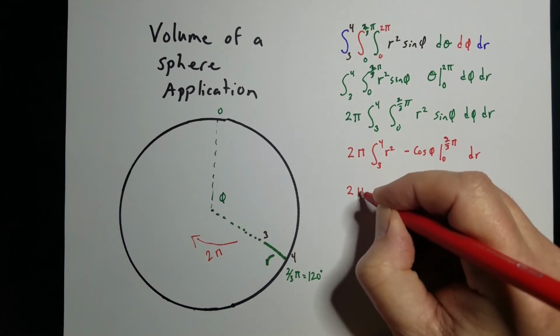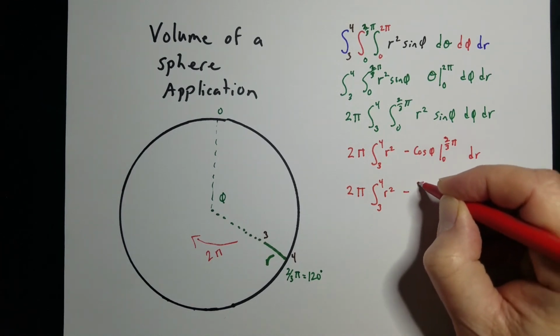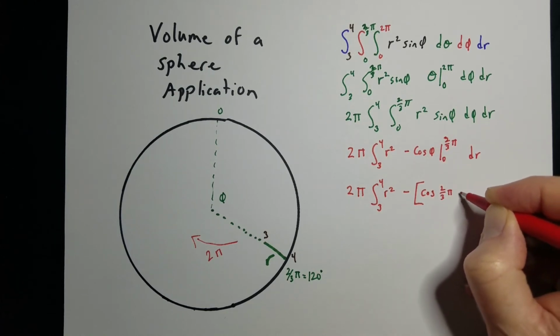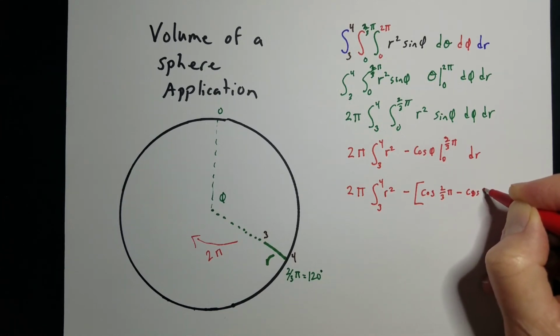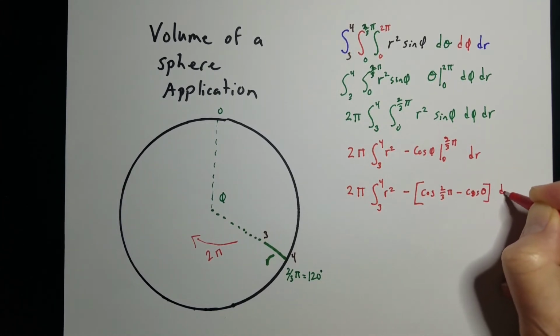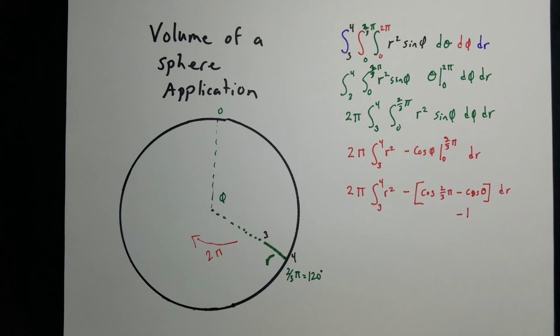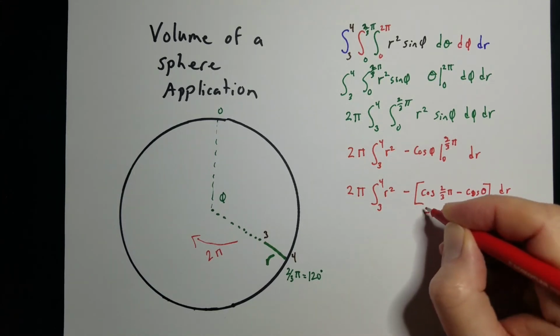So that's 2 pi. Let's go ahead and keep this integral here. Minus cosine of 2/3 pi minus cosine of 0, dr. Cosine of 0 is 1, so that's minus 1. Cosine of 2/3 pi is negative 0.5.